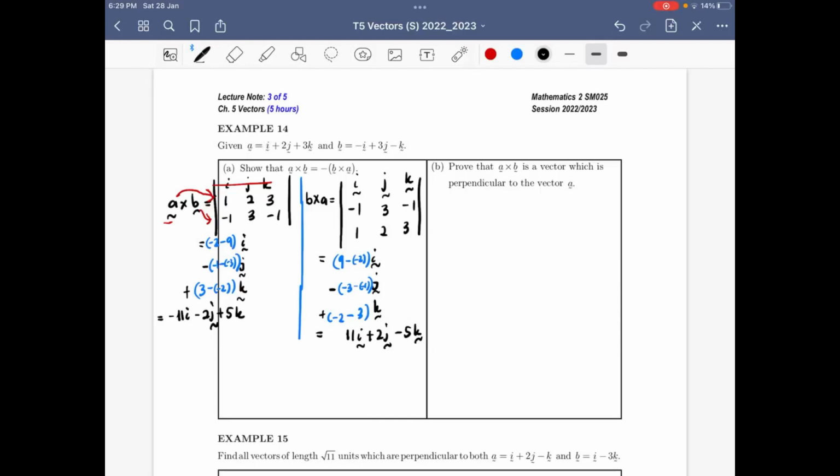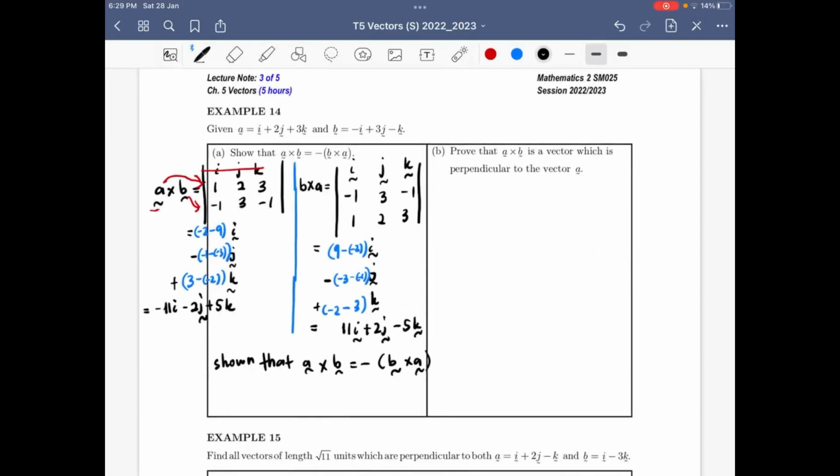So show that A cross B is equal to negative B cross A. Okay, that's for the A part.